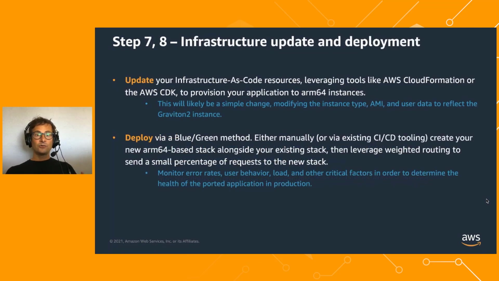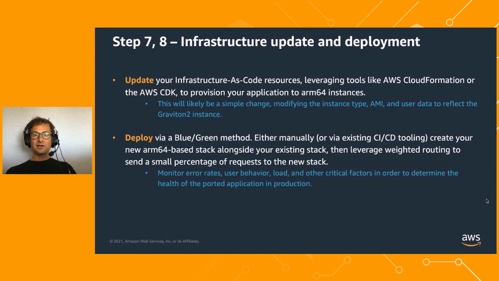And now, once you have an application running at an acceptable level of performance, it's time to update your infrastructure to benefit from the Graviton-based instances. So from an infrastructure as code point of view, adding support for the Graviton-based instances is pretty straightforward. It's mainly updating your infrastructure as code, things like CloudFormation or Terraform, to include Graviton-based instances on top of the existing one.